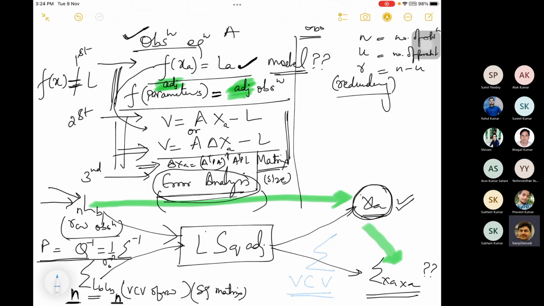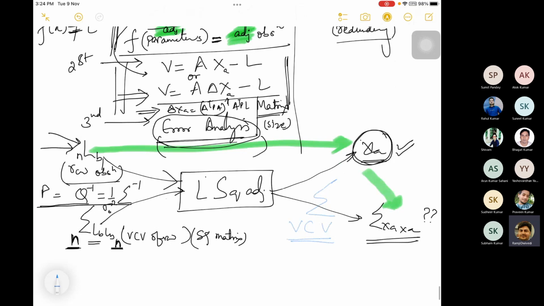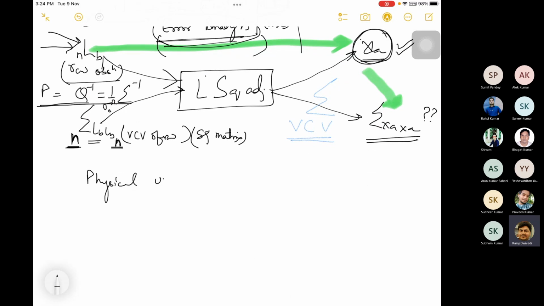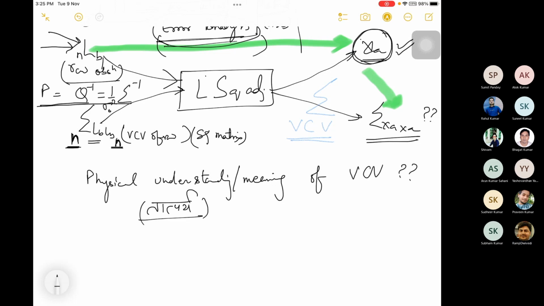It is nothing but the representation of variability. If tomorrow I ask you in a viva, in your examination, what is the physical understanding or meaning of VCV, what is the implication of it? The physical understanding of VCV is understanding the variability, uncertainty, isn't it?